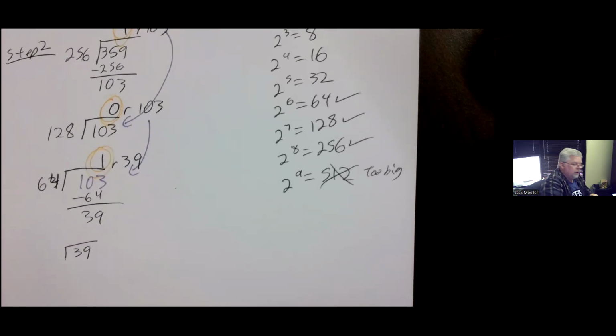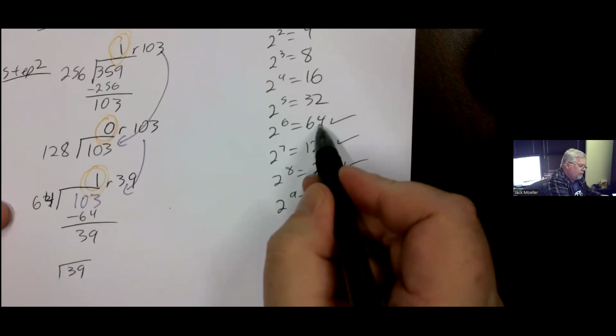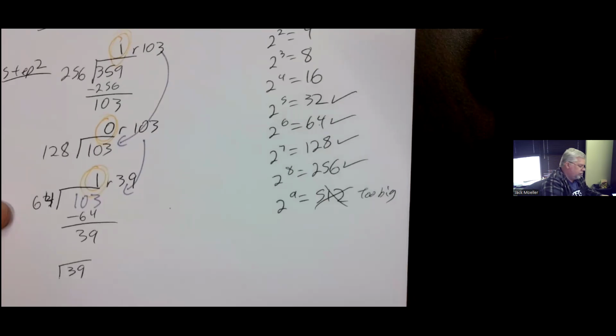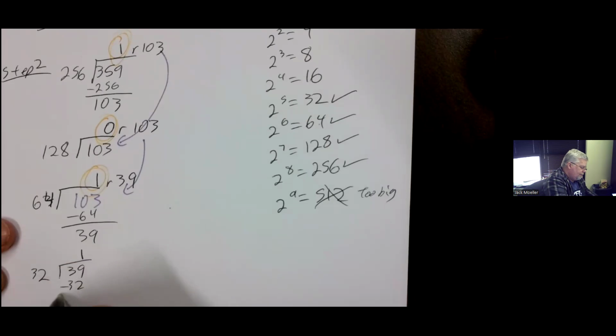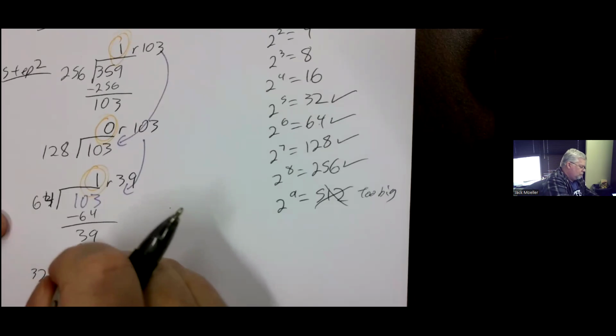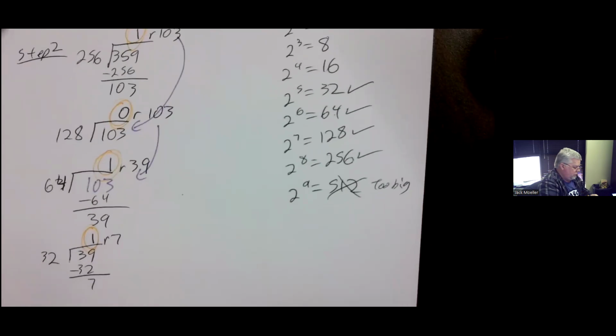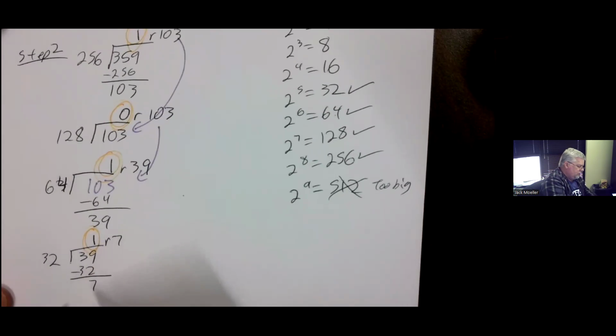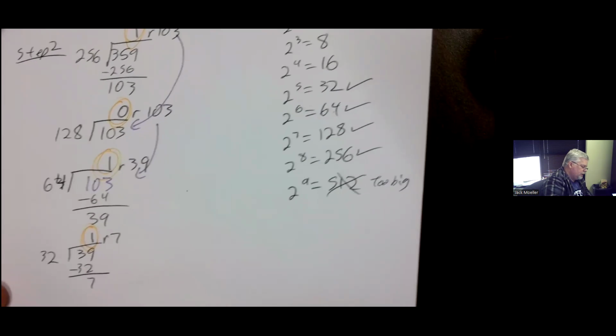Well, we divided by 64, so now divide by 32. How many times will 32 go into 39? It'll go once. The remainder is 7. Circle that 1.